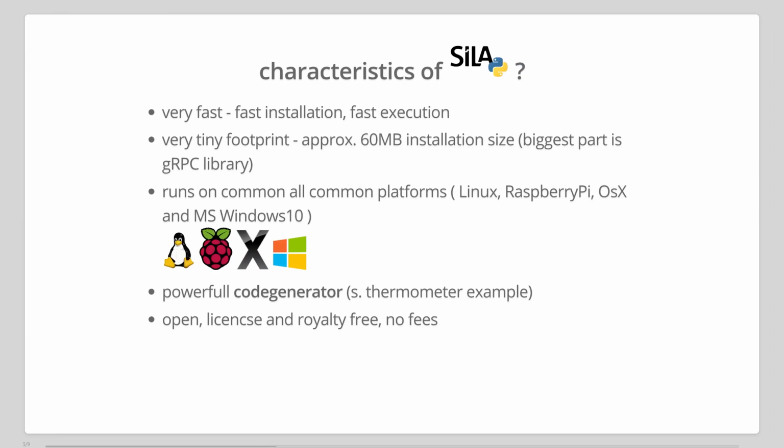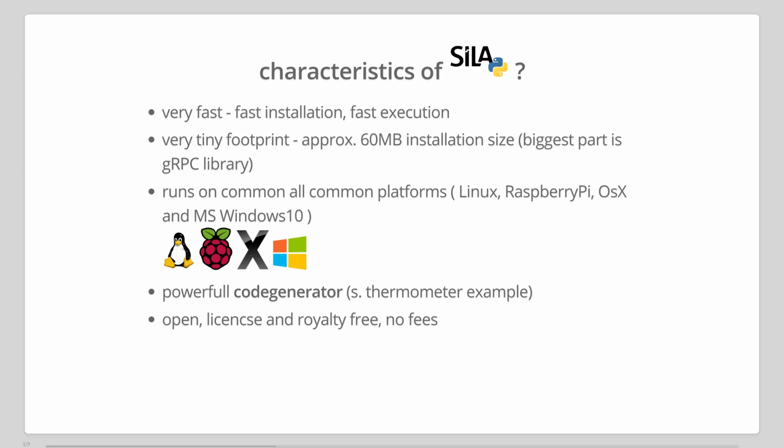But before, I would like to give you an overview of the characteristics of the SiLA2 Python implementation. We try to keep the code lean, with fast installation and fast execution, as well as possible.